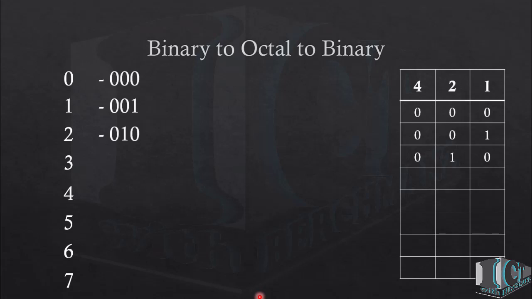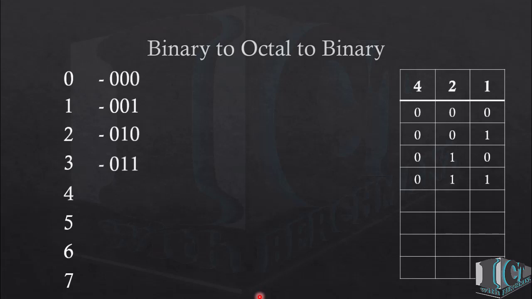I don't have 3 in my table. To get 3, I need to add the values 2 and 1. So I will be writing 1s in both the columns 2 and 1, which will give me 3, and the column 4 will be 0. So the value for octal 3 would be 011.